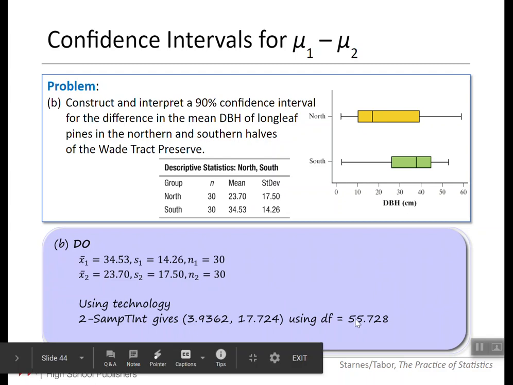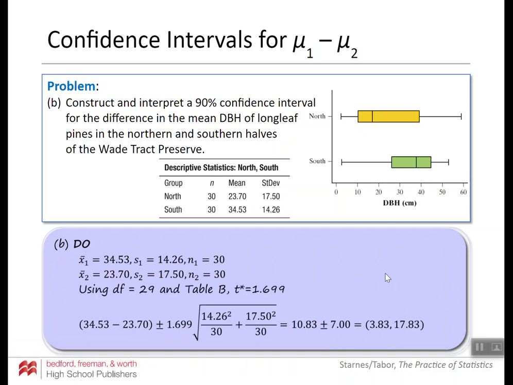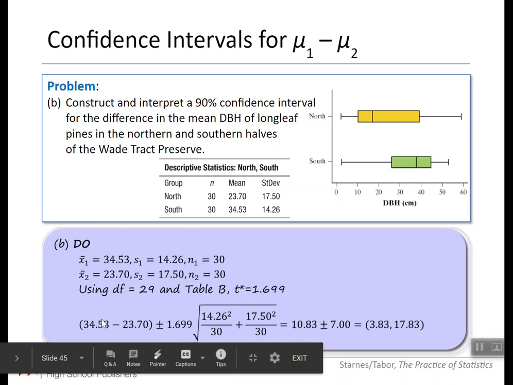If you're using the calculator, it automatically calculates this degree of freedom for you. If you're doing it by hand, you do n1 minus 1, n2 minus 1. Both of those are 29, so you use degrees of freedom is 29. And you can use the table to calculate t star, plug everything into your formula, and get your interval.